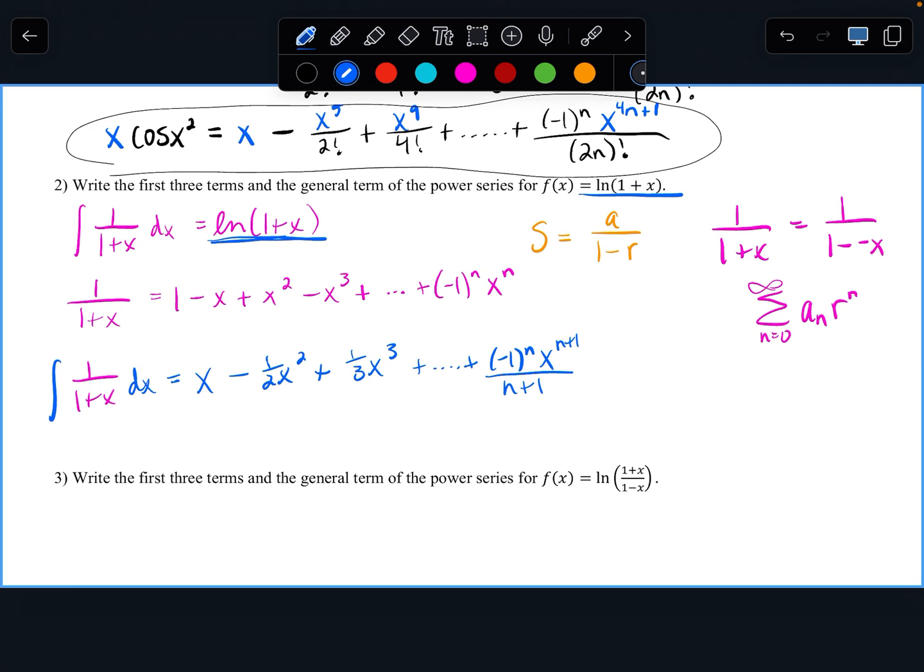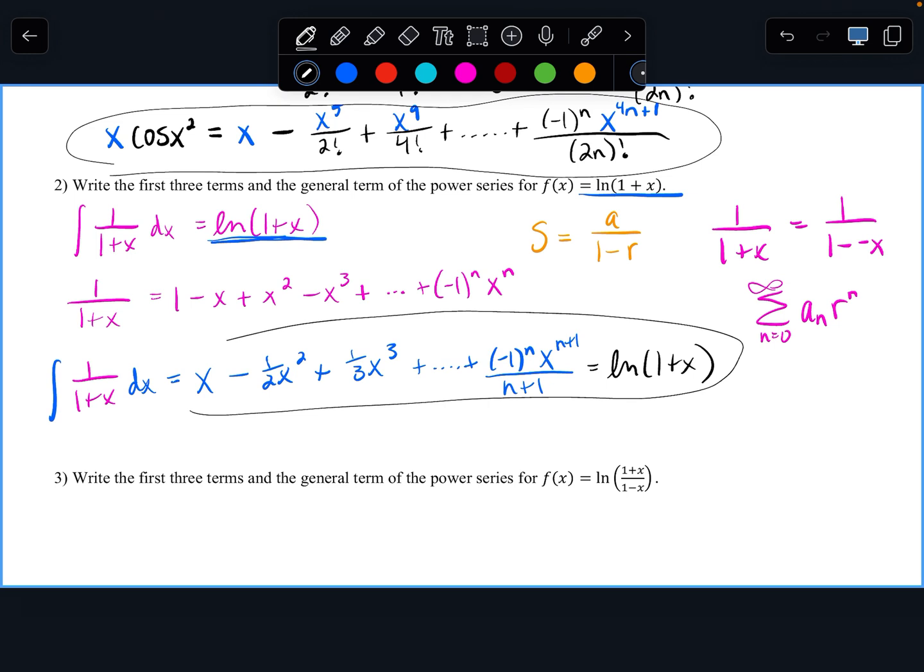So that would equal the same thing as natural log 1 plus x, like what I need to find, because it's the antiderivative of 1 over 1 plus x. So you're using your OG Maclaurins and messing with them. If you know their derivatives and antiderivatives, you should be fine with how you find them.